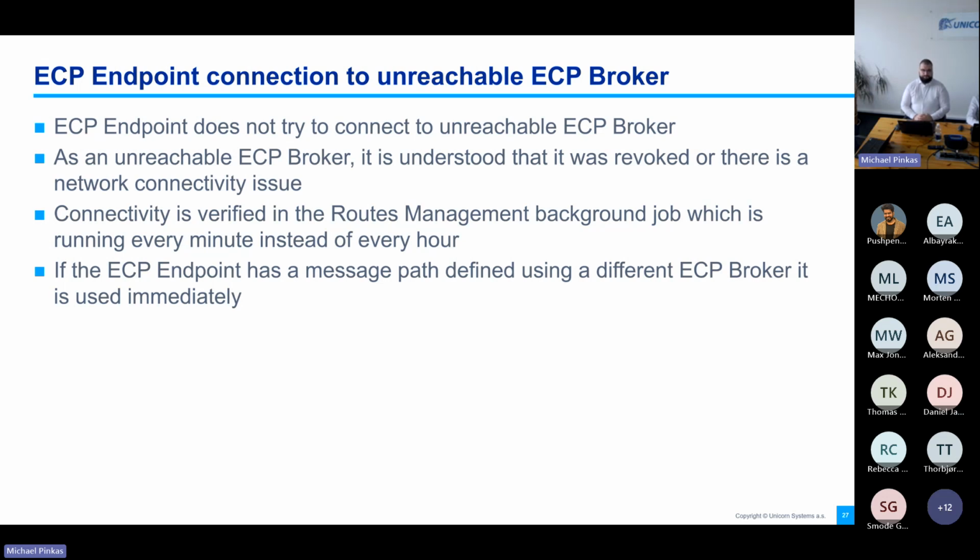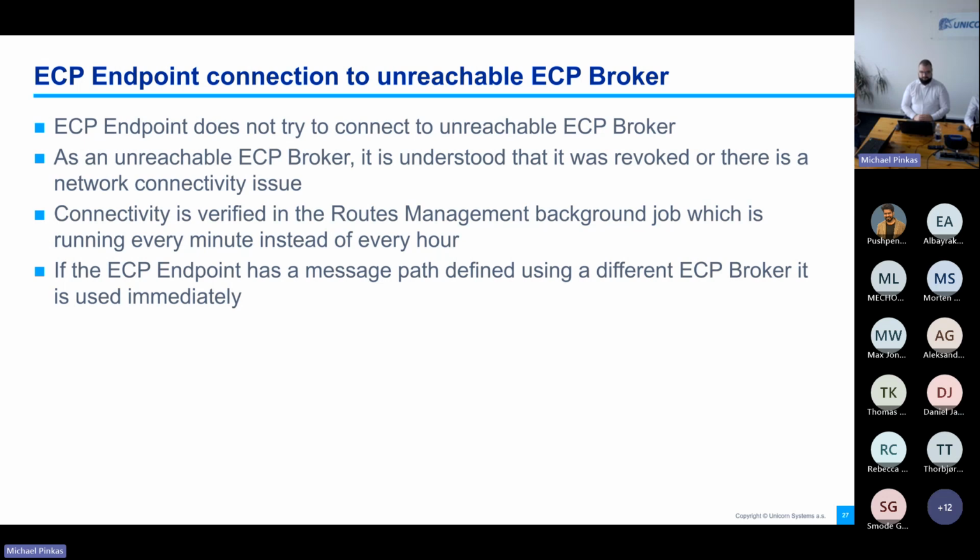Previously, it was 1 hour, it is now 1 minute. Also, with the revocation of the ECB broker, once the endpoint synchronizes, it will detect that the broker was revoked and will stop the connection to the broker immediately.